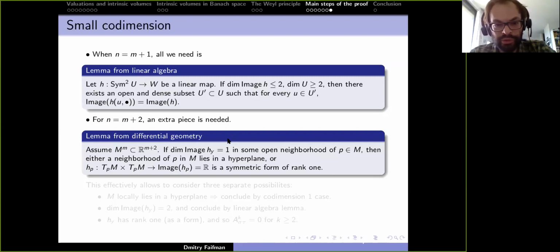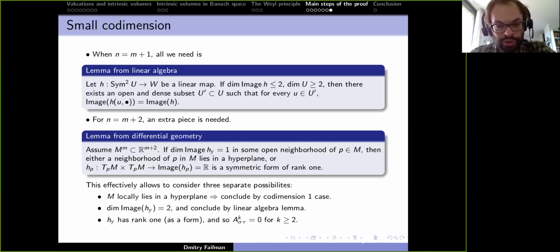Either you locally lie in a hyperplane, or as a quadratic form, it has rank 1. Okay, so this is already a very strong constraint, and with that you can work through the formulas and deduce that you have intrinsicality.